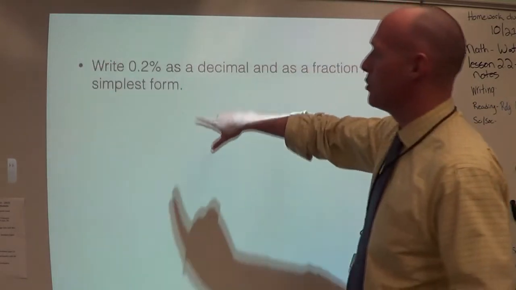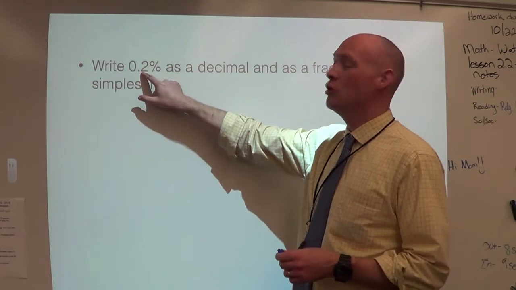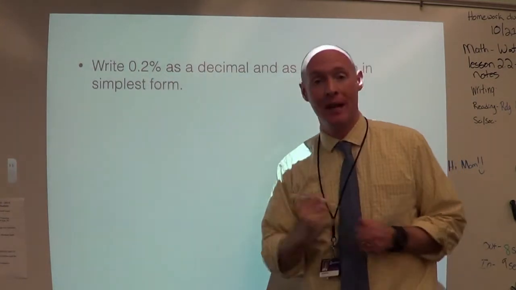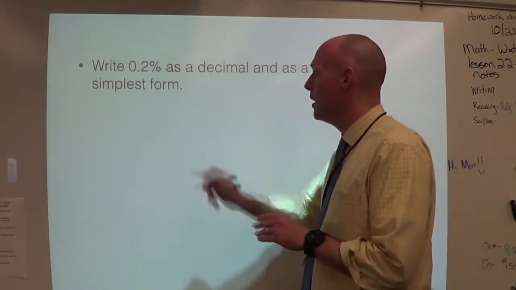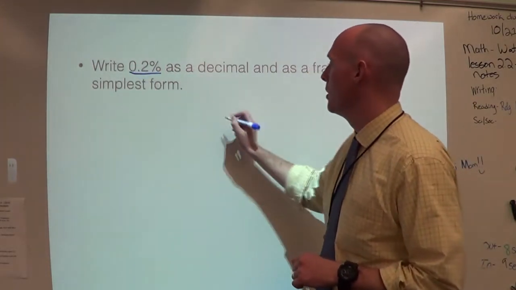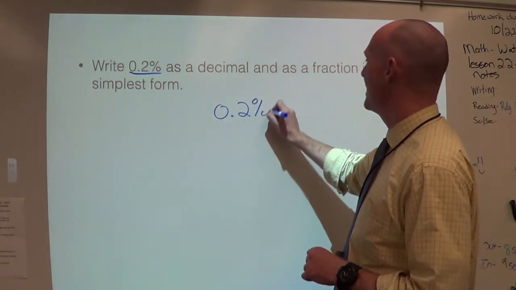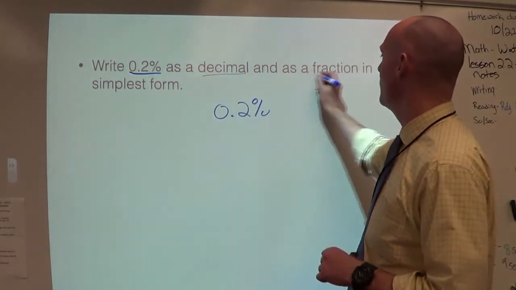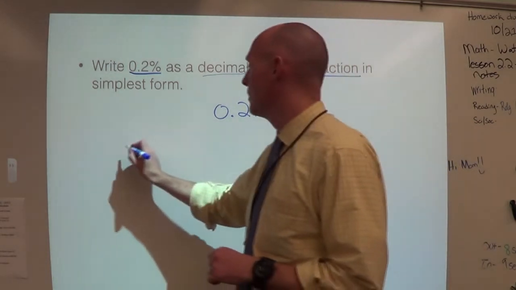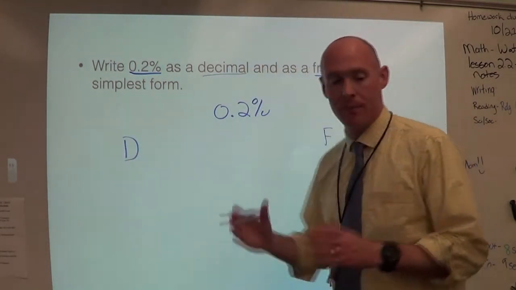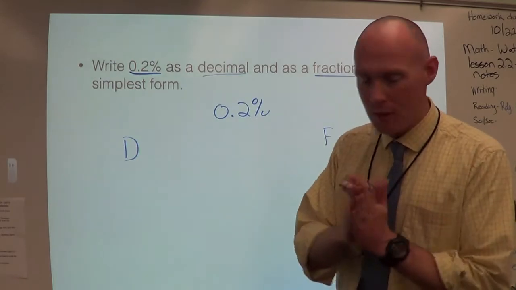Okay, first thing we have to do is write 2/10 of a percent as a decimal and as a fraction in simplest form. I'm just going to rewrite my number, which is 0.2%. Let's break it down first.